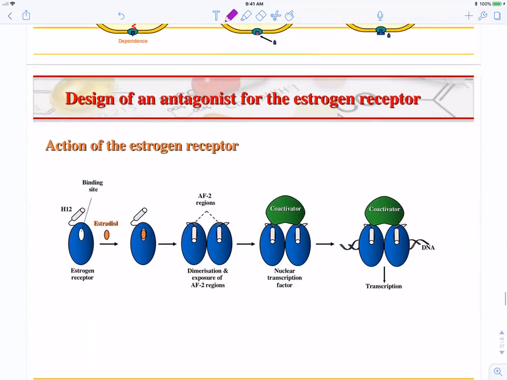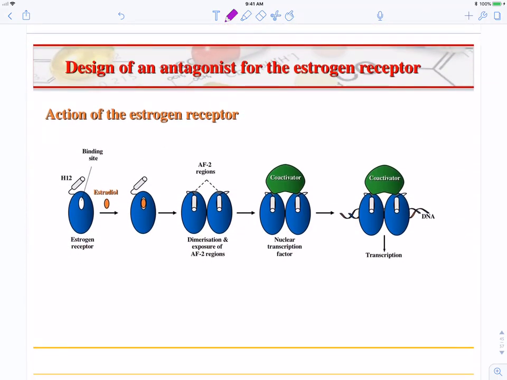Okay. In the last part of this class, I want to talk about an example of how we design an antagonist for the estrogen receptor. Just to remind you, the estrogen receptor is a so-called nuclear receptor, so it lives in the cytoplasm. Upon binding to the ligand, it rearranges, so a helix called H12 binds above the binding site for estradiol.